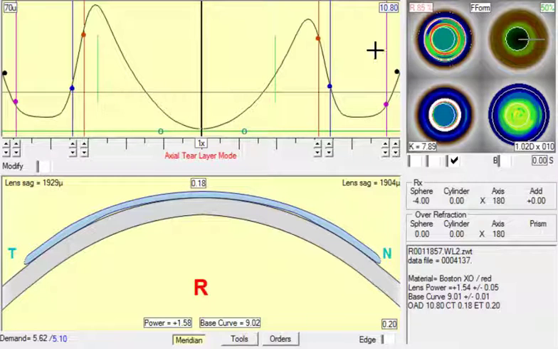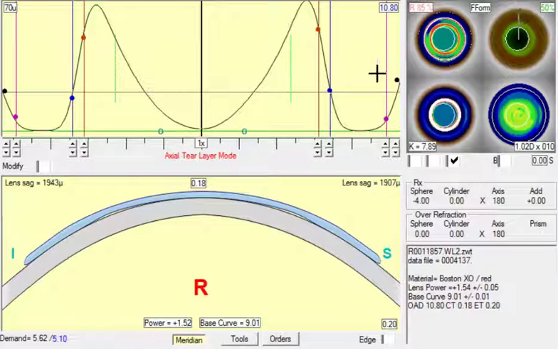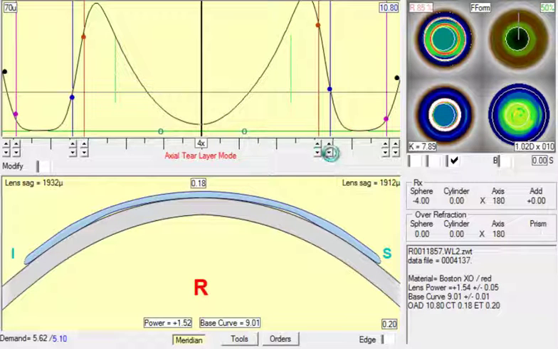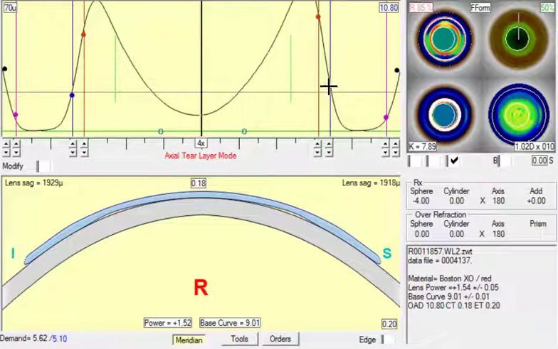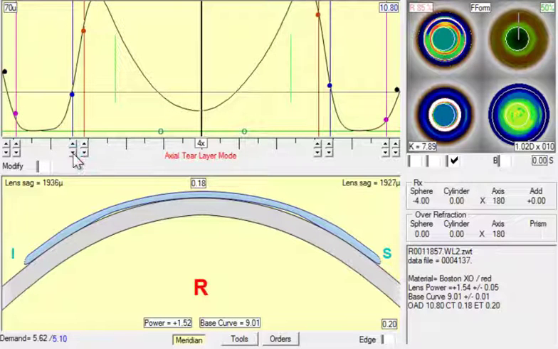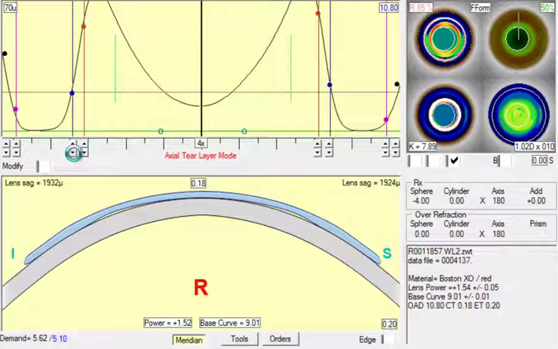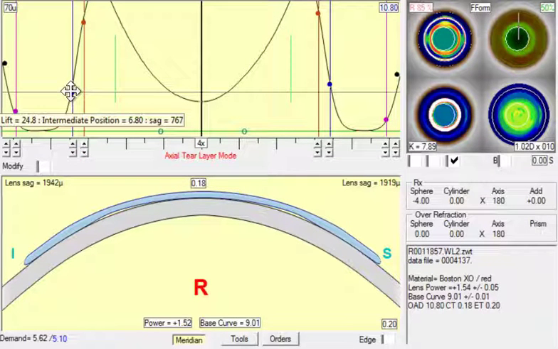So there's our difference of 5. And then the vertical, we're going to go in the opposite direction from 756 to 766. And the same thing inferior, 767 will be the target. And now we have our 15 microns of change.